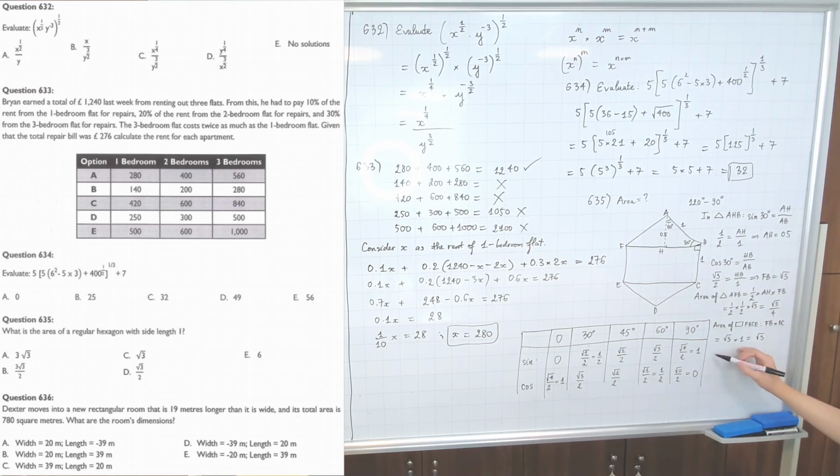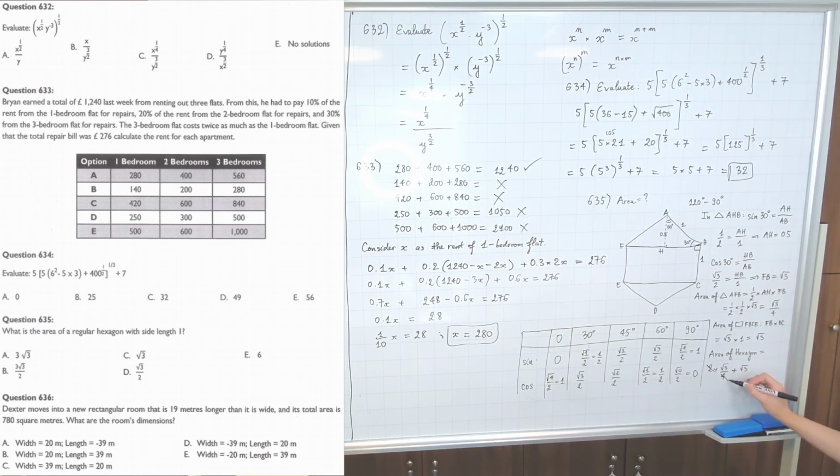Now, so area of the whole thing, hexagon, it's gonna be 2 times of this one. 2 lần của cái tam giác này. And then plus the area of this one.